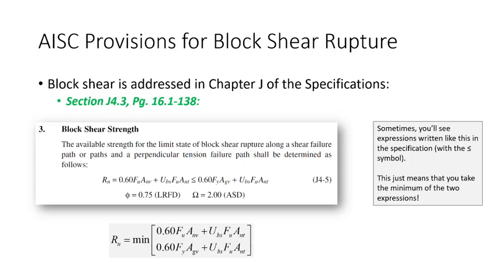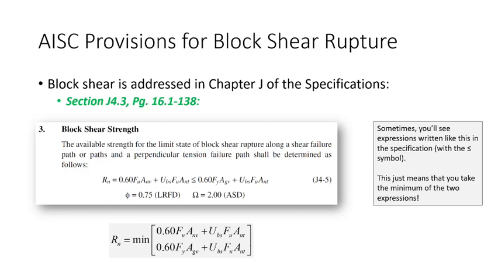The point I want to make is that you're going to start to see expressions like that in the specification. This is not the first time that we're going to see equations written out like this. But what that means, to keep it simple, is that you're just taking the minimum of those two expressions. So you're taking the minimum of the first expression and the second expression.